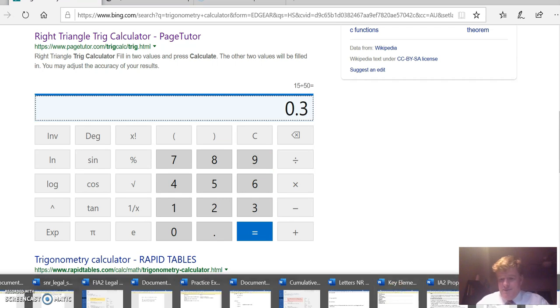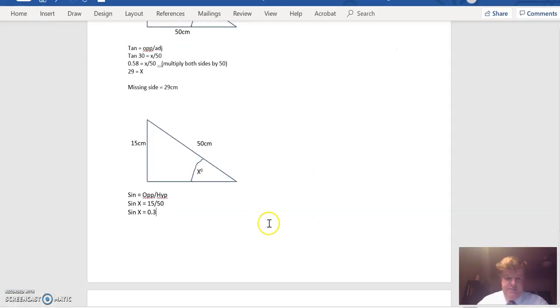So now, when we go back and have a look at where we are, we know that the sine of x equals 0.3. So now we have to use the inverse function of sine to work out what x is. This is what we need to do when we're working back to find the angle.